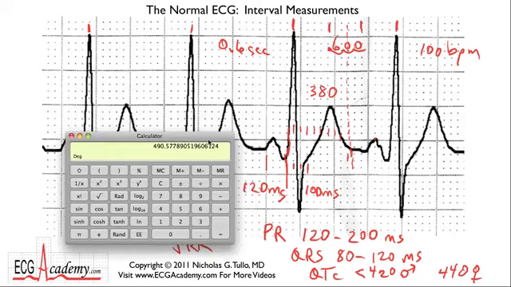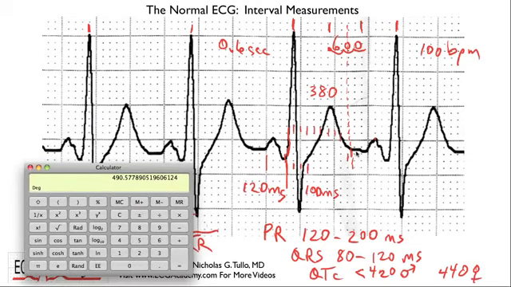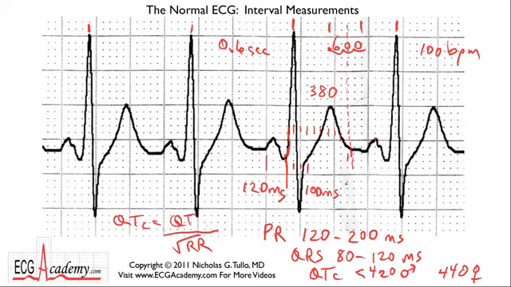So lo and behold, this QTc is a little bit on the long side. If this was a woman, you'd be a little bit concerned. If it was a man, you'd be especially concerned. So what we found here is a fairly short PR, a normal QRS duration, and a QT interval that, when corrected, looks to be a little bit long for this patient.